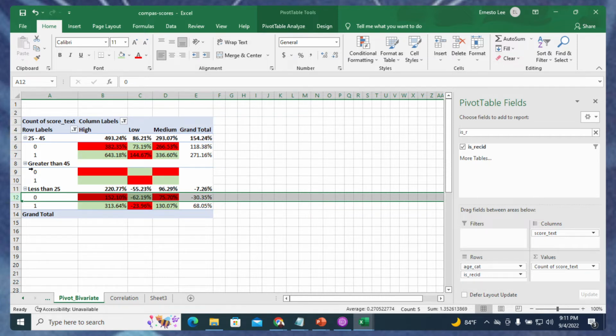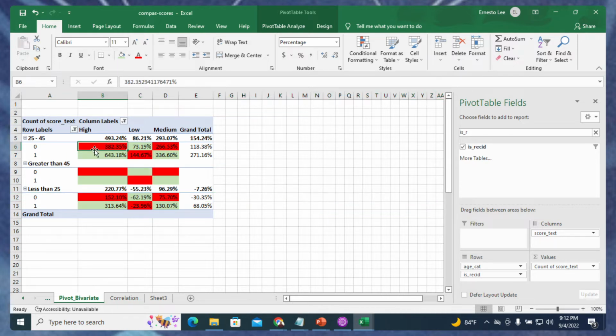So you can see here that for 25 to 45, the algorithm is significantly worse with respect to greater than 45. It's also pretty bad with less than 25. But it's 382% more likely to make a mistake if you're between 25 and 45 than if you're greater than 45.